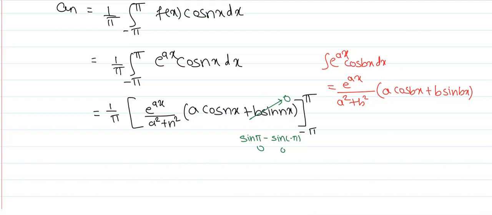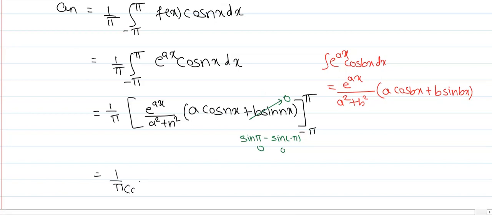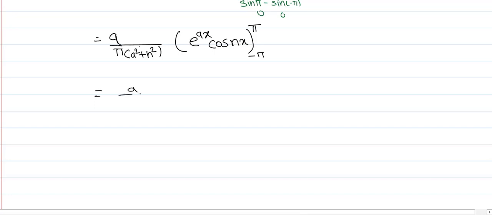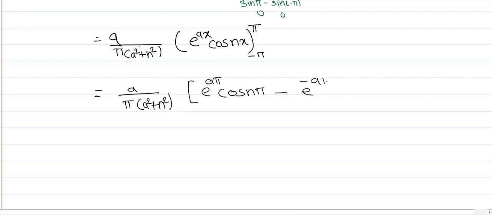So the remaining values are 1 by pi. This a square plus n square is a constant value. A is also constant in the numerator. We are remaining with e raised to ax cos nx, limit is minus pi to plus pi. Now substitute upper limit, lower limit. We get a by pi of a square plus n square, e raised to a pi into cos of n pi minus e raised to minus a pi cos of minus n pi.